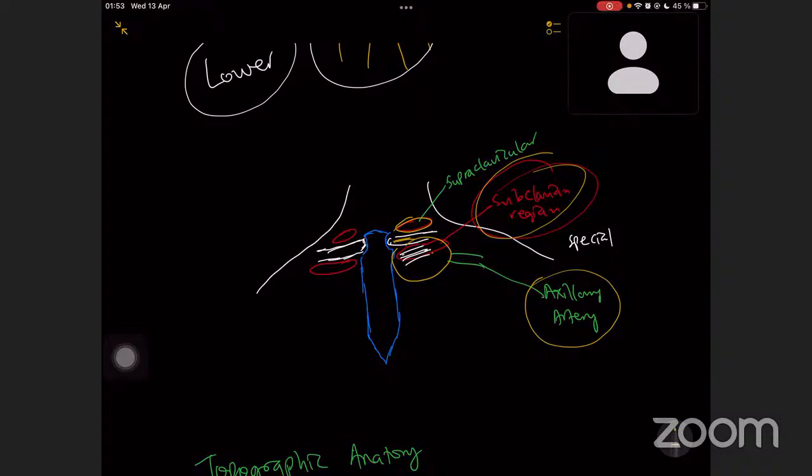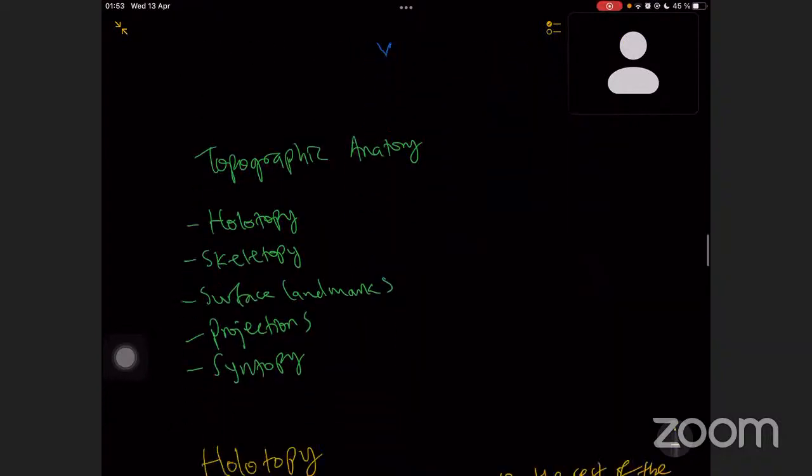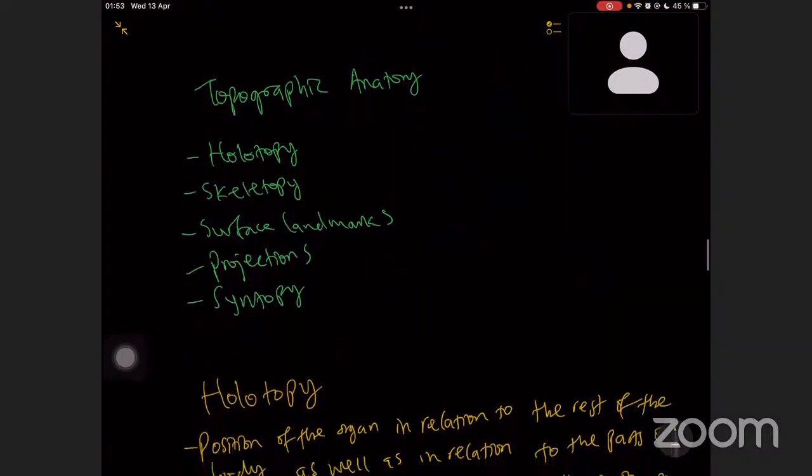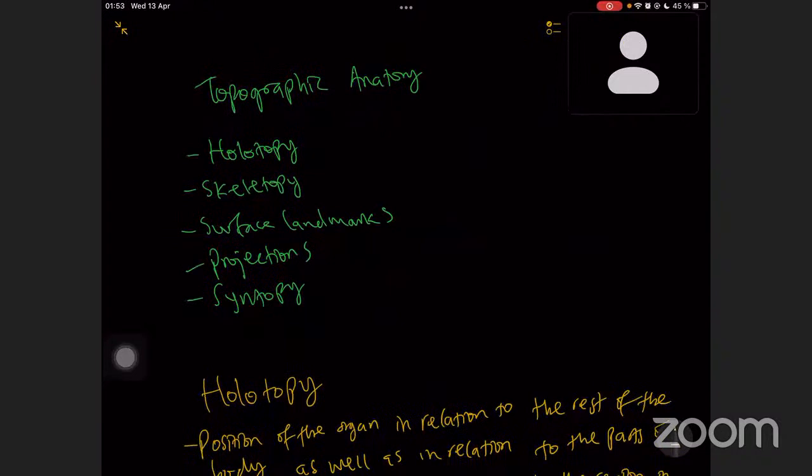So that is regional anatomy. Now, other very important terminologies that we use for topographic anatomy: as we said, in topographic anatomy, we are describing the location, the relationship between the organ and other organs, between the organs and other structures of the body.